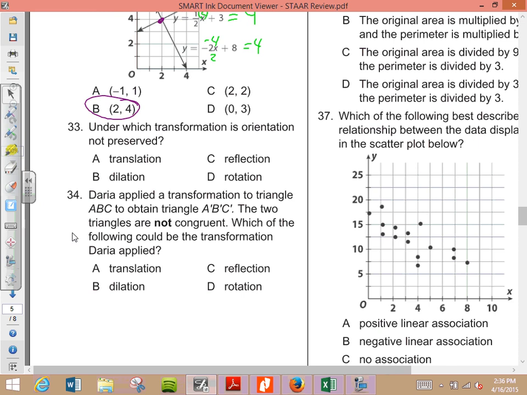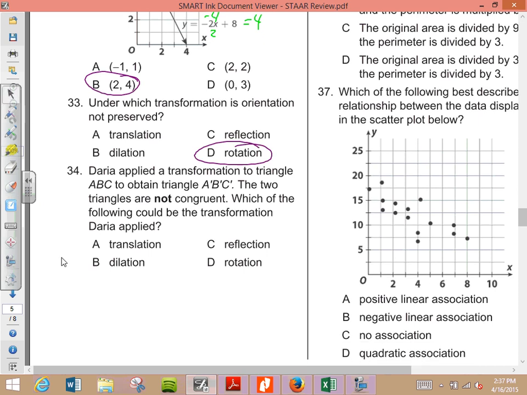Position, right? So when you translate, it's the same position. When you dilate, it's the same position. Reflection is the same position. It's just rotation. Yep. You turn, you change positions, right?